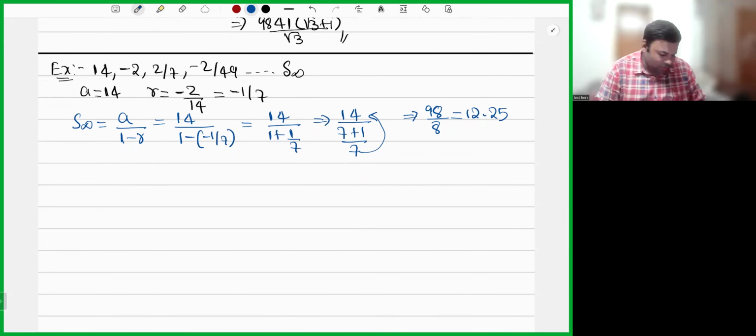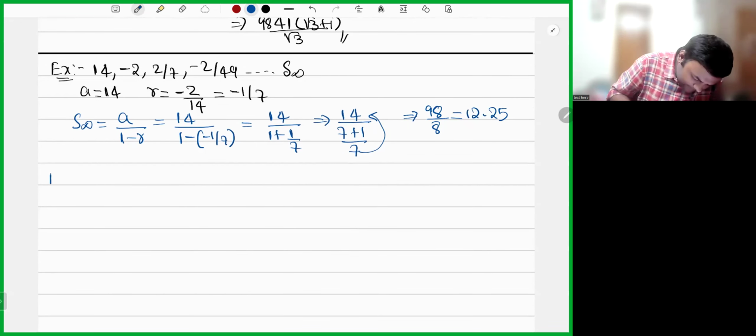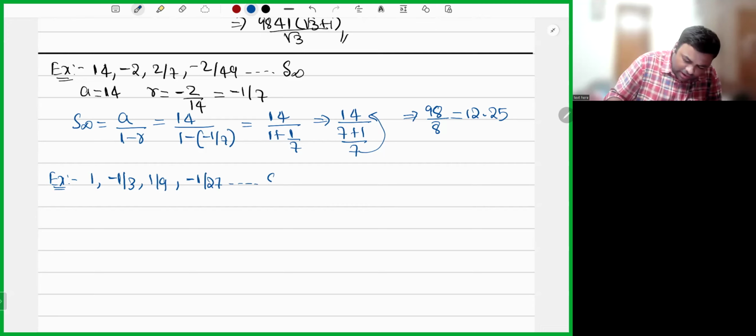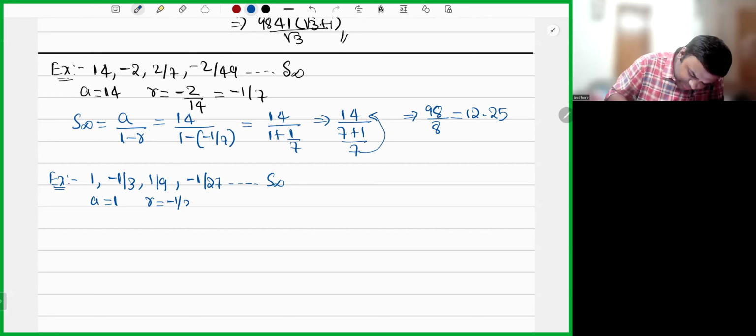Now one more example of S infinity. I am having 1 minus 1 by 3, 1 by 9, minus 1 by 27, and so on. Again, I need to calculate S infinity. A divided by 1 minus R. A is 1, R is minus 1 by 3.